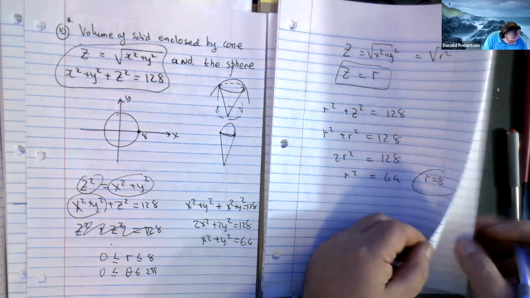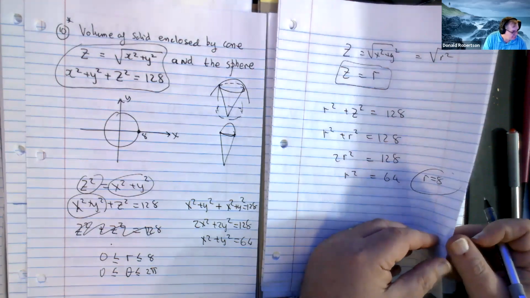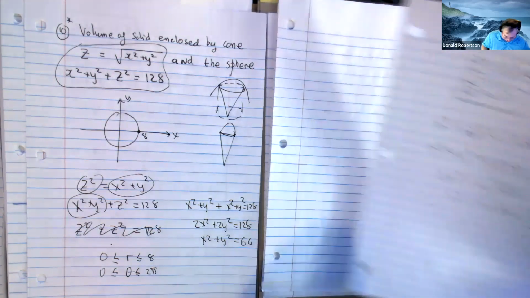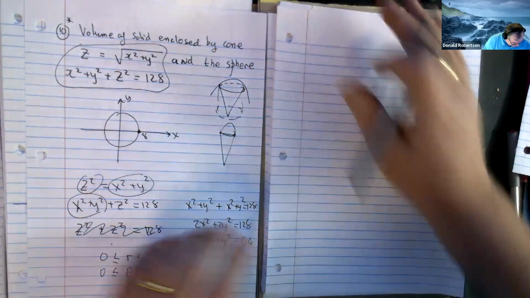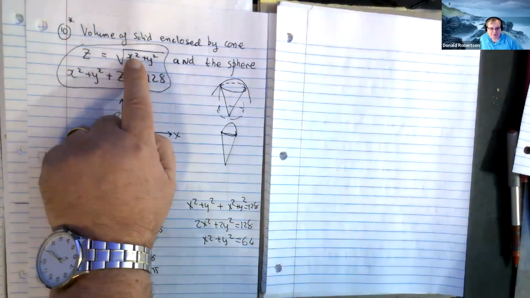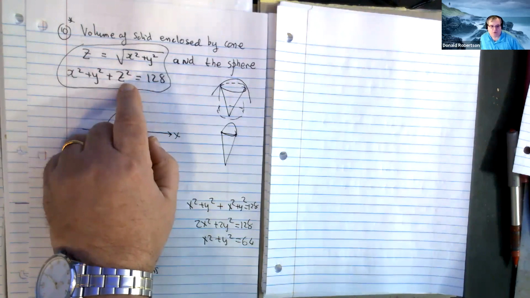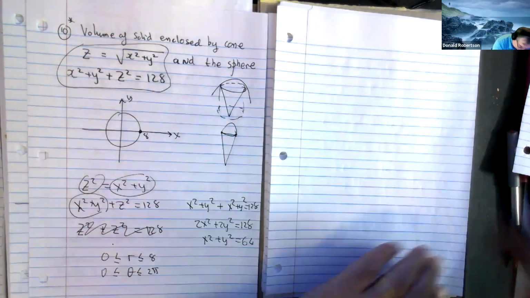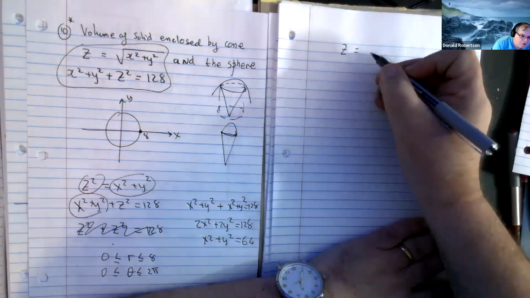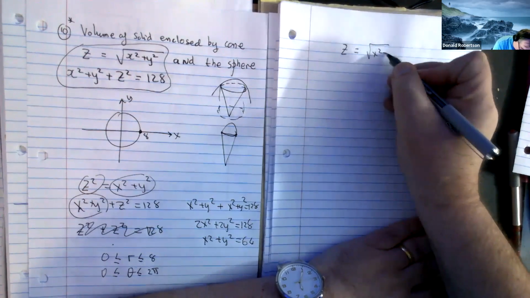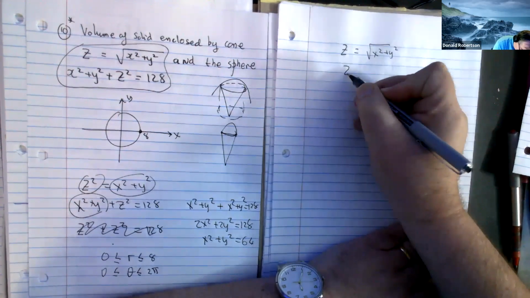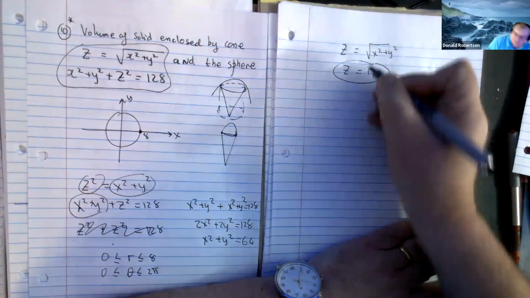Now, we do have some z issues. In fact, we have some major z issues. Z goes from here and z goes from here. So we've kind of half done one of them. That piece of information eventually becomes z equals r.